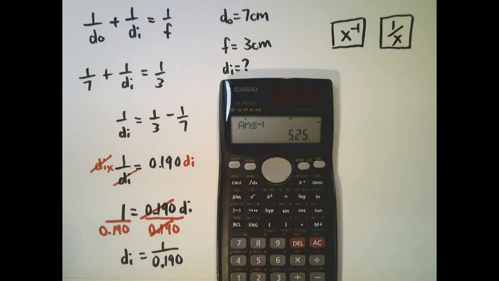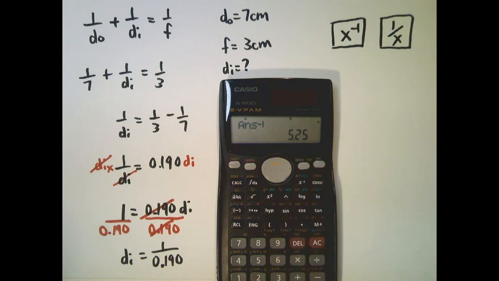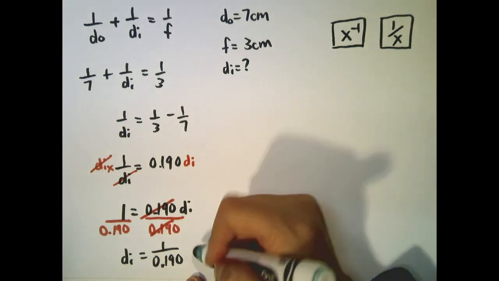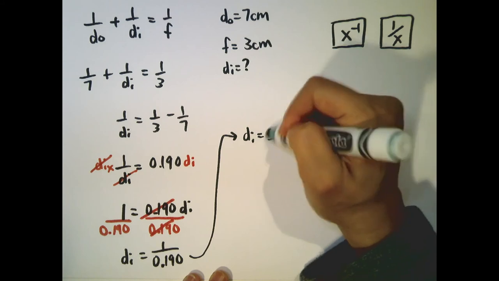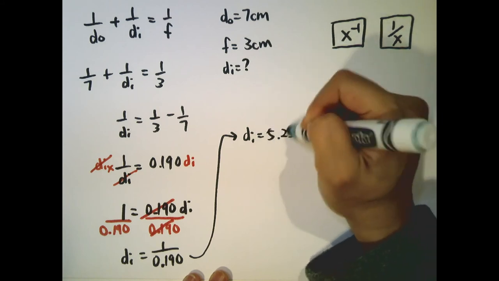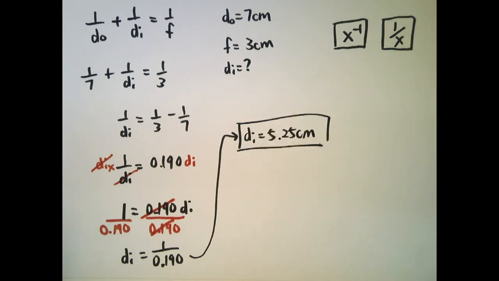5.25. And you'll notice when I was drawing my diagram or measuring it, I was struggling. I'm like, could be 5.3, could be 5.2. Wow, 5.25. Look how accurate that is. That is so awesome. So let's bring it over here. di is equal to 5.25 centimeters, which is the same as this one.